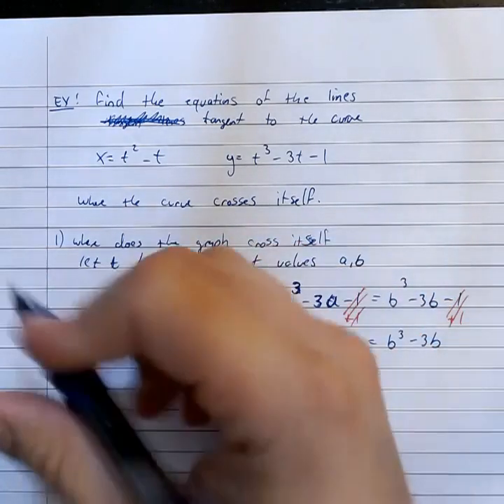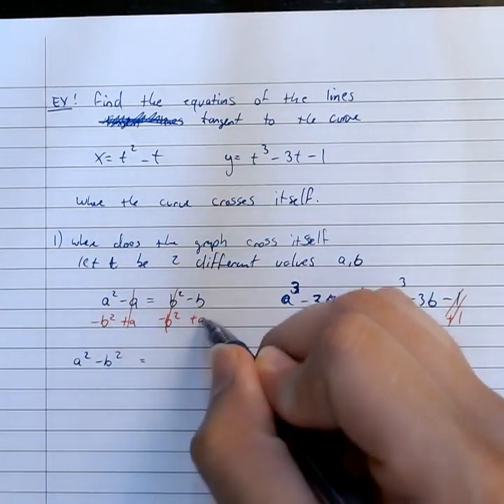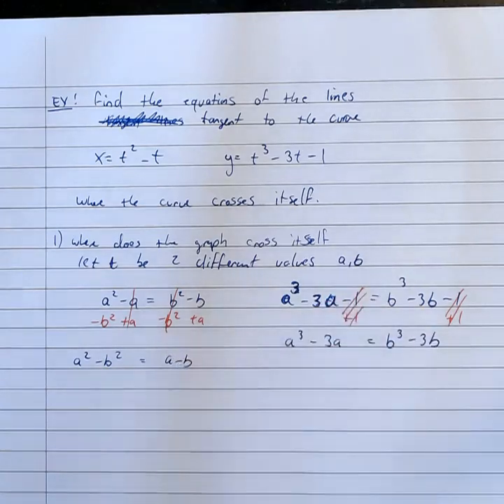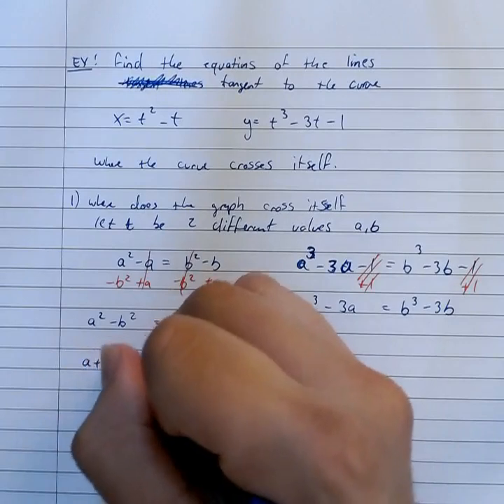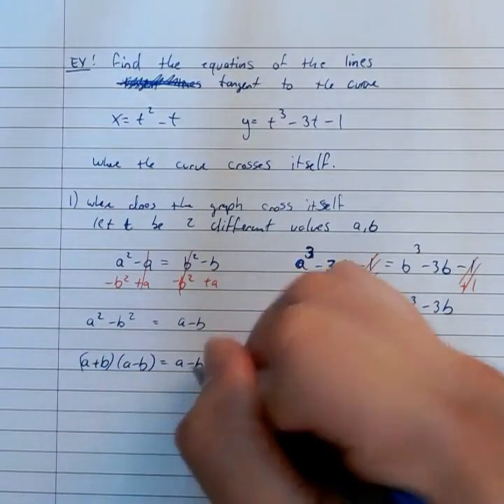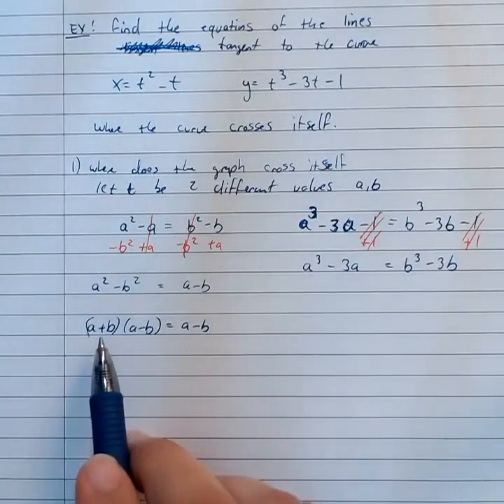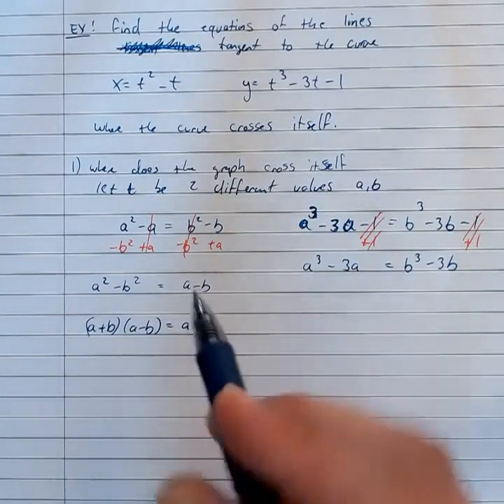That'll give me a squared minus b squared equals a minus b. Notice that a squared minus b squared can be factored as a plus b times a minus b. So now a plus b times a minus b is equal to a minus b.